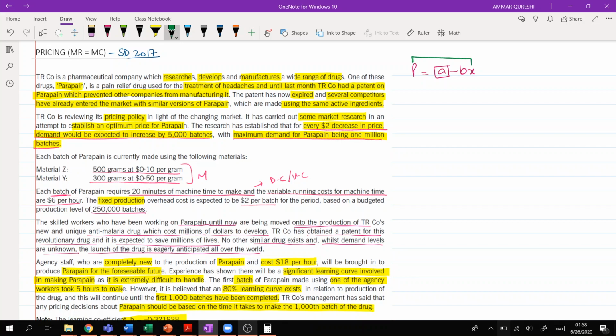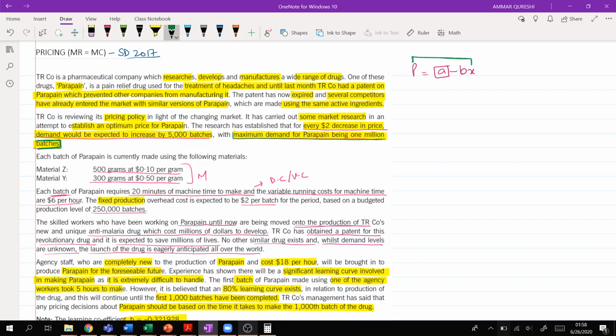There's just one line given, the maximum demand of paraffin being 1 million batches. That means you can produce a maximum of 1 million batches, and beyond 1 million batches you cannot sell any further unit, right? So that is one important point.